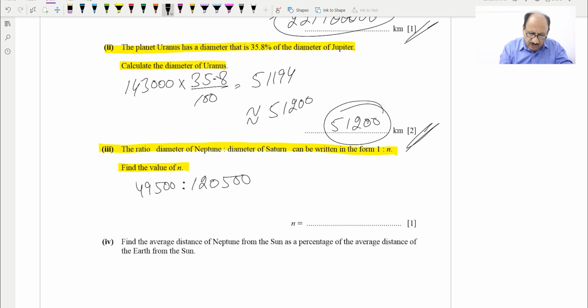Now we need the ratio in the form of 1:n. So we need this one as 1.